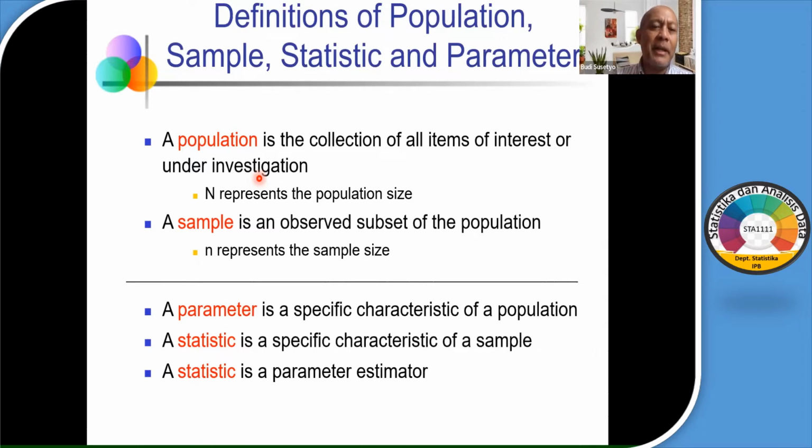And then after that, I calculate the average, for example 300,000 rupiah per month. Because I calculate for all of you, I call this the parameter. That means a specific characteristic of the population: the average spending for food in my class is 300,000 per month.